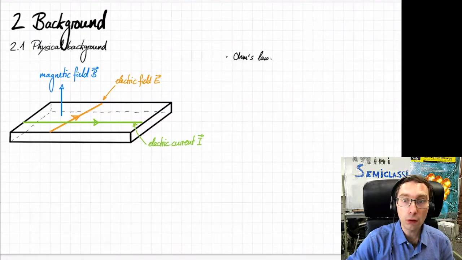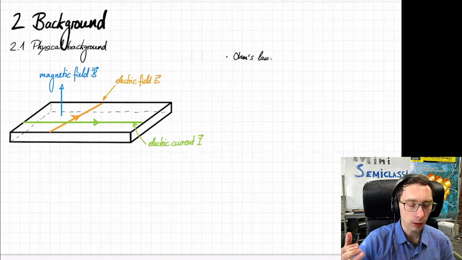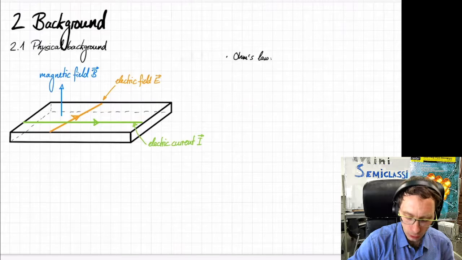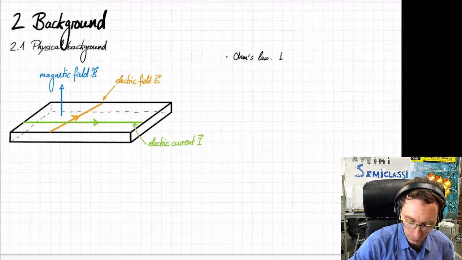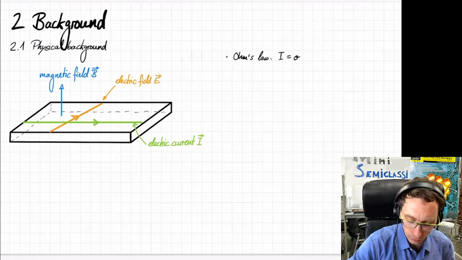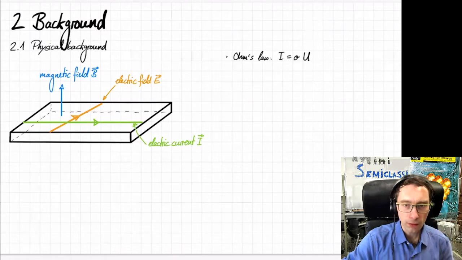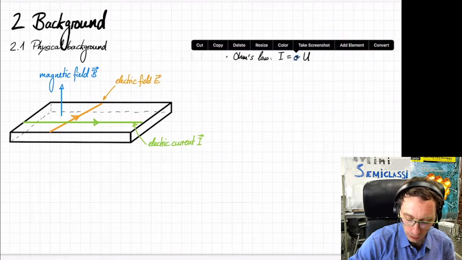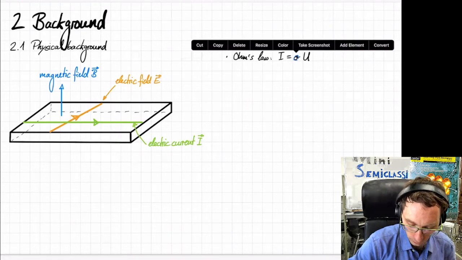For Ohm's law, current and voltage are proportional to one another, not just in size, but also in direction. So here you would have that the current I is equal to the conductivity times U. So the conductivity is nothing but the inverse of the resistance.